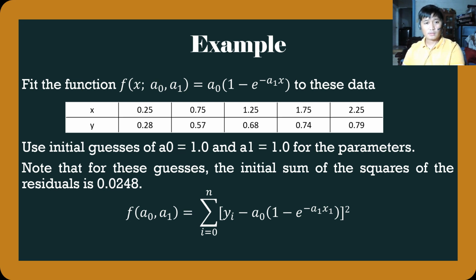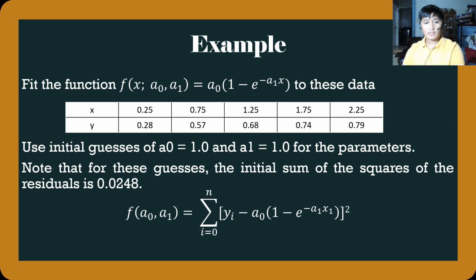So the first, this 0.28, we will denote as y sub 1, 0.57 as y sub 2, and up to y sub 5. Since we have 5 data points, y sub 1 minus a sub 0.